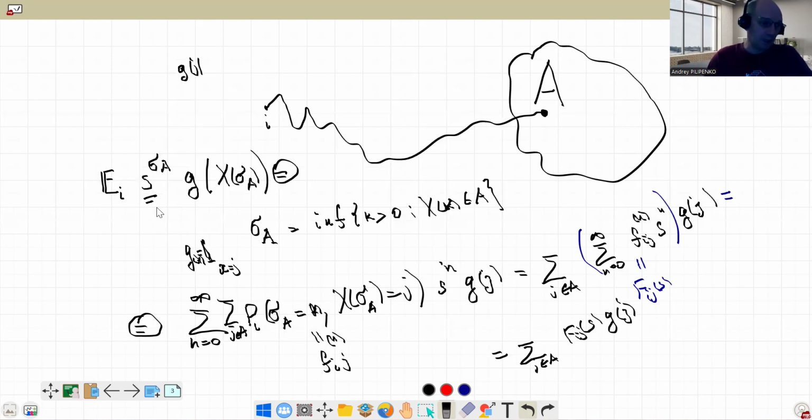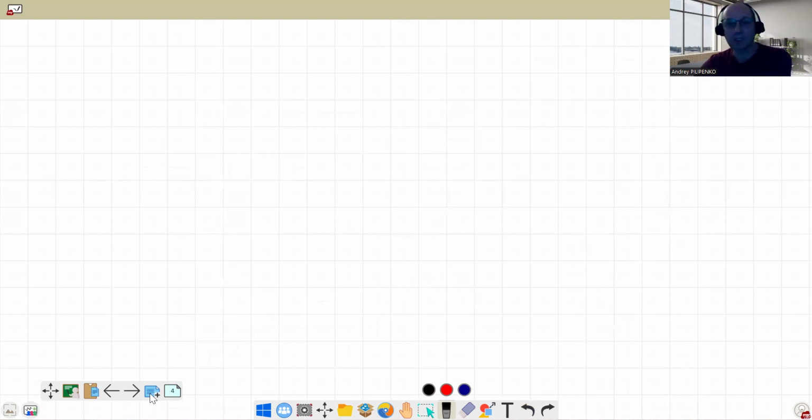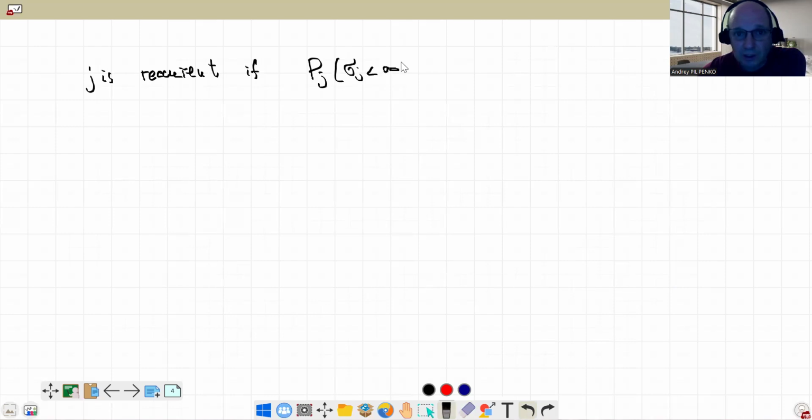Well, and the second application is recurrence and transience of Markov chains. And recall that state J is recurrent if the probability that sigma of J is less than infinity is 1. So if you start from J, then 100% you return to J. This is the definition.